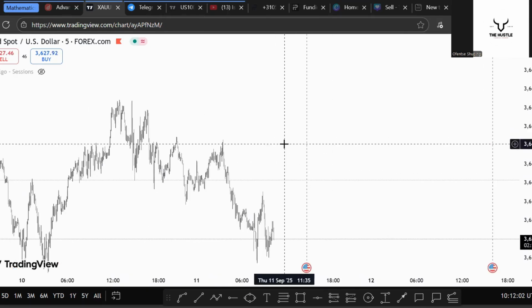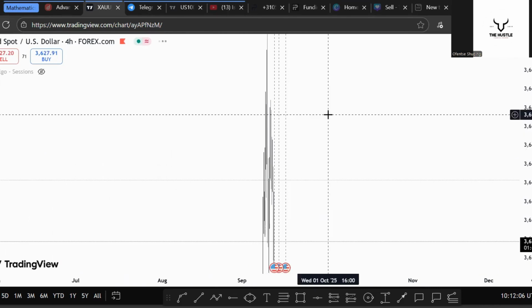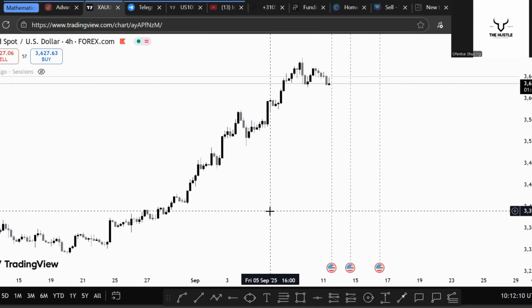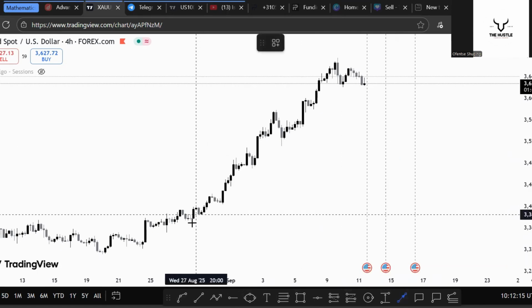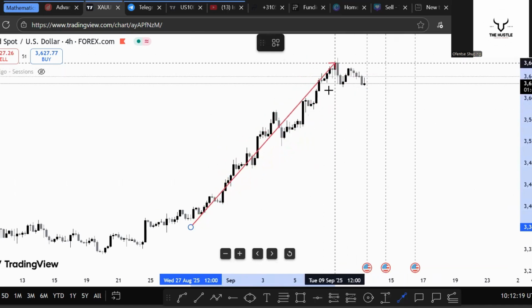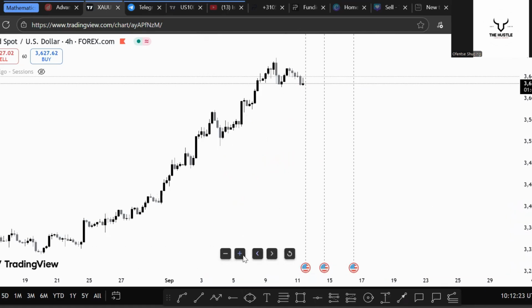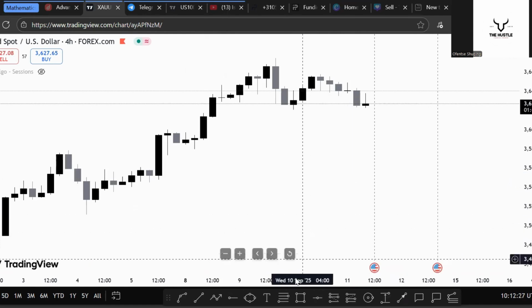So let's start with the bigger time frame. Let's start with the 4 hour. As you can see, gold has been very, very bullish the past few days and few weeks. So with that being said, what you wanna do is look at what is currently happening recently, right?